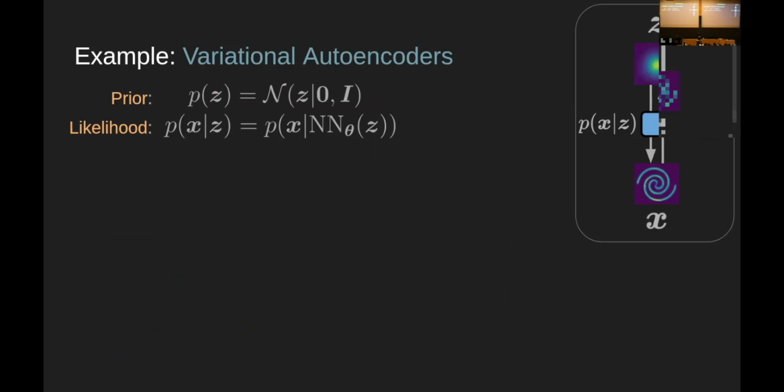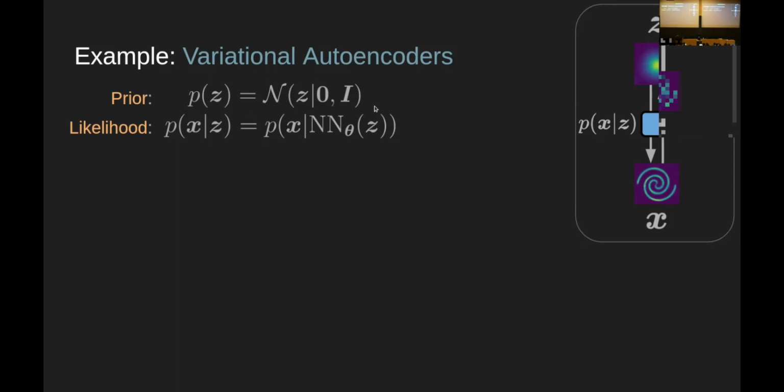Let's look at a couple of examples. We'll look at variational autoencoders and Bayesian neural networks to see how you would apply flows in variational inference there. So variational autoencoders, I've drawn it like a flow here. You could think of this as the decoder and the encoder.